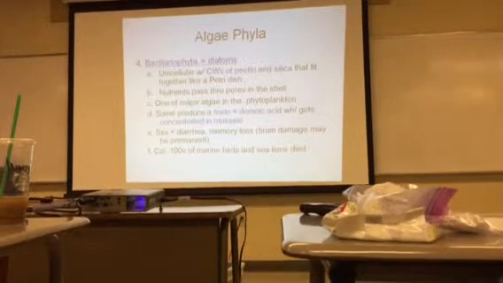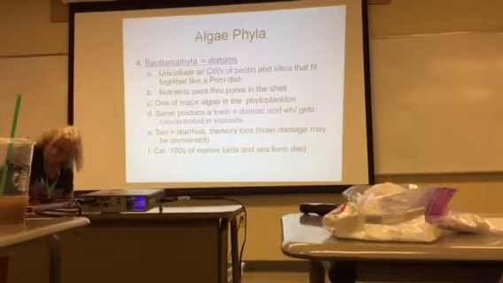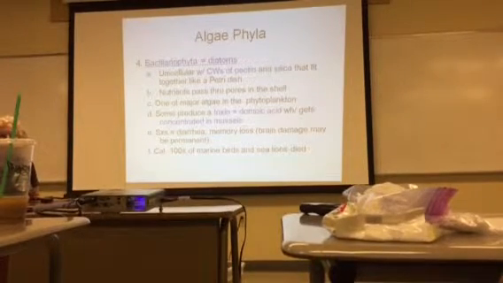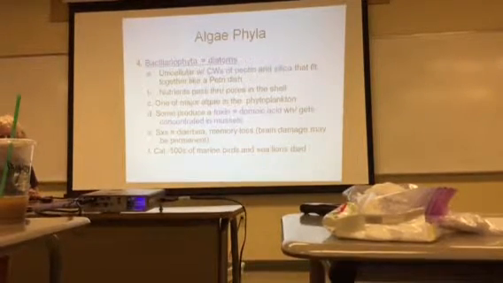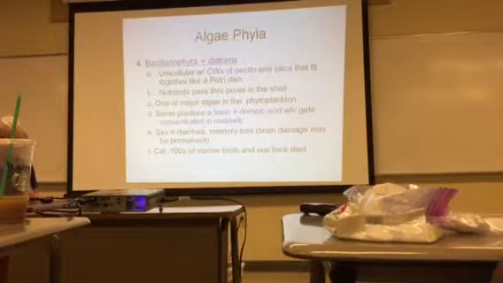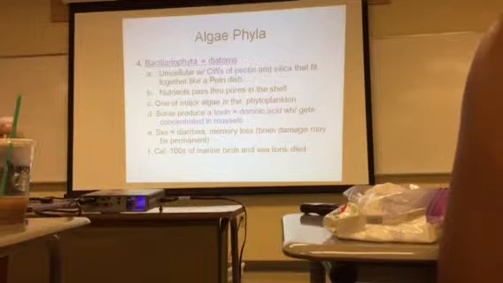Meaning, the algae fit together like that. And they have little pores in their cell walls, and that allows the nutrients to pass in through the shell. They are one of the major algae in the phytoplankton.